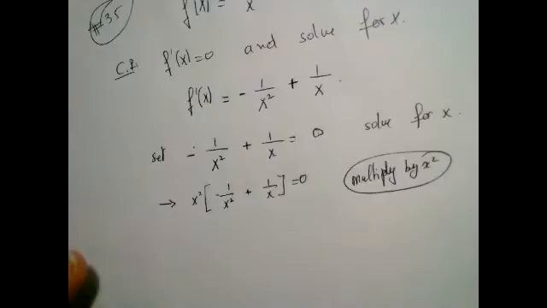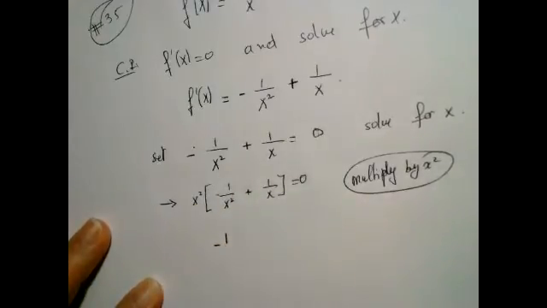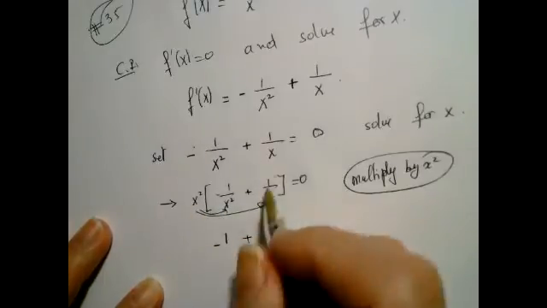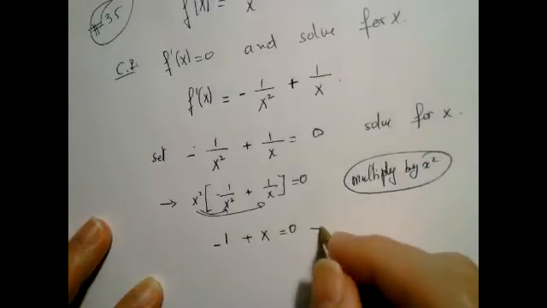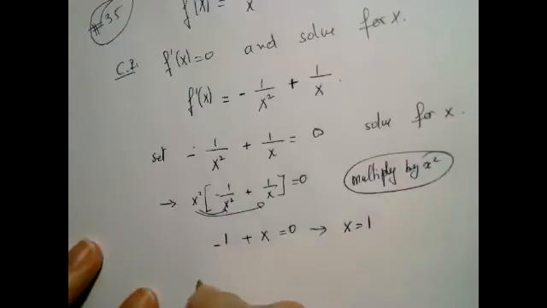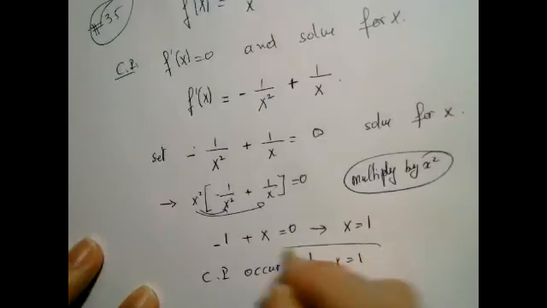We can do it with several different approaches. I will have x squared times that, which gives me minus 1. Now I'm distributing: plus x squared times 1 over x gives me x, so x equals 1. So the critical point occurs at x equal to 1.